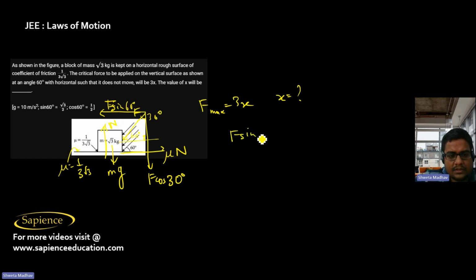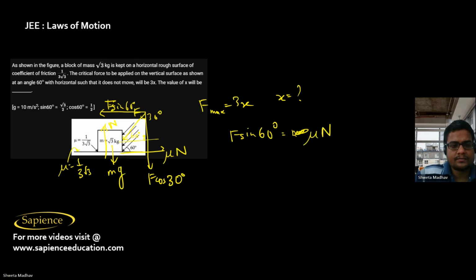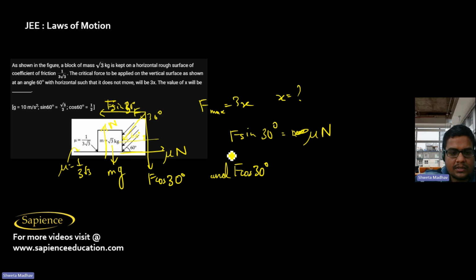So therefore I can say F sine 60 is equal to mu n, and F cos 30, sorry, this is F sine 30 equal to mu n, and then F cos 30 plus mg is equal to n.